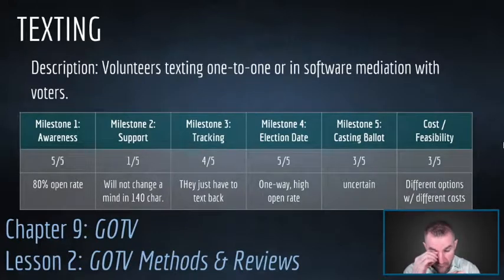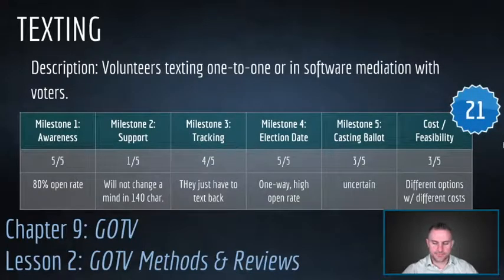It's a lot faster than typing out text messages on your phone. So I gave it a cost and feasibility of 3 out of 5 because that software can have a price associated with it as well. Okay, so when you add that up, we have 21 for texting.